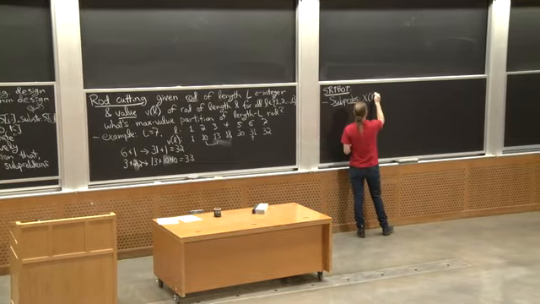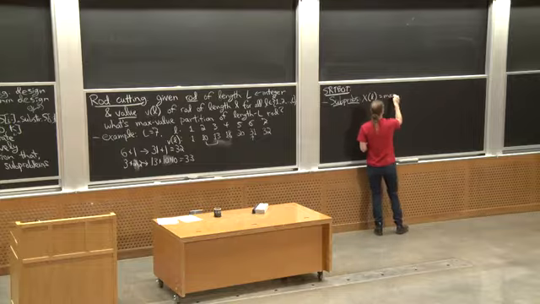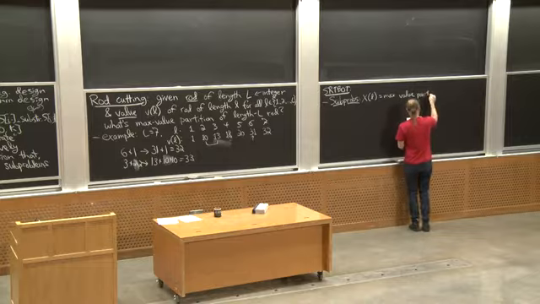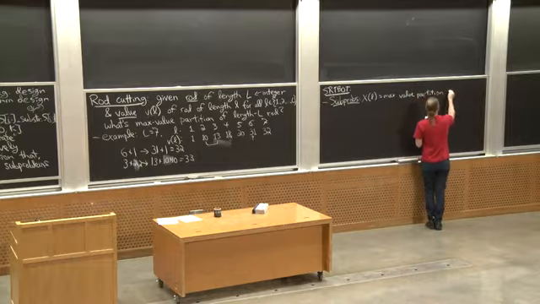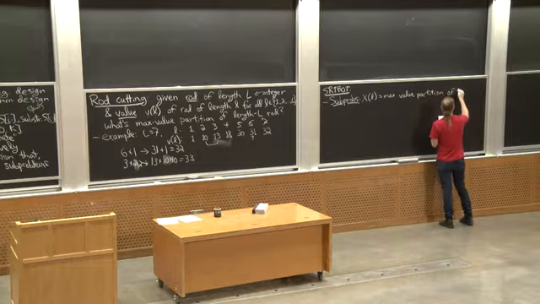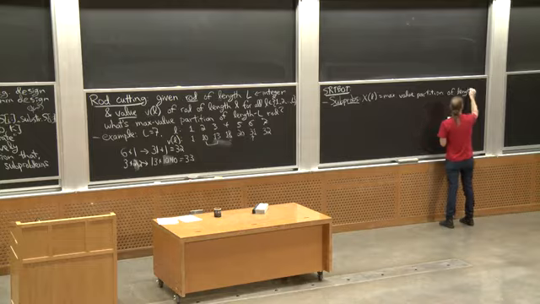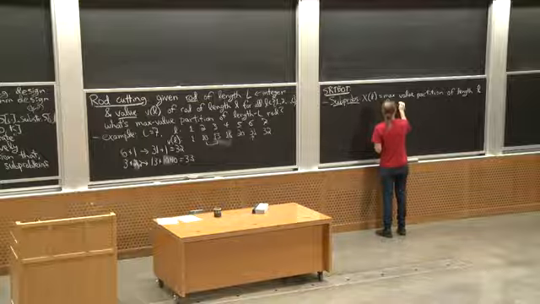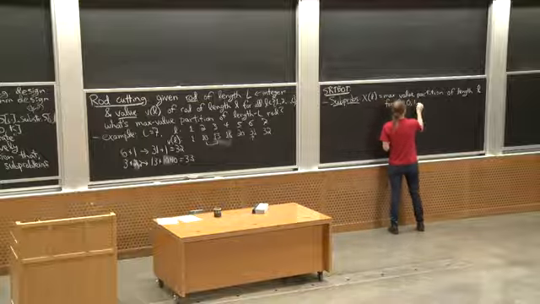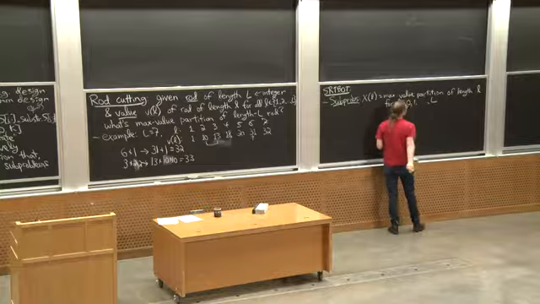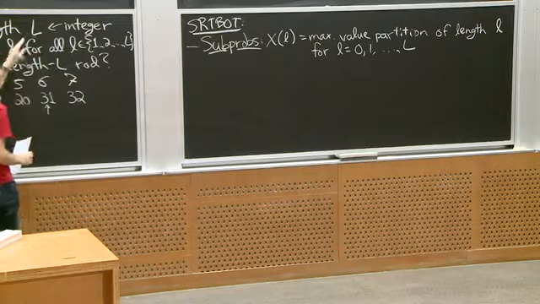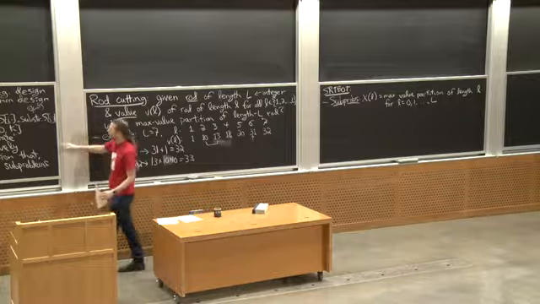So x of l is the max value partition of length l, for little l equals 0, 1, up to big L. Okay, so just the same problem, but with different choices for big L. So this is using this integer subproblem.